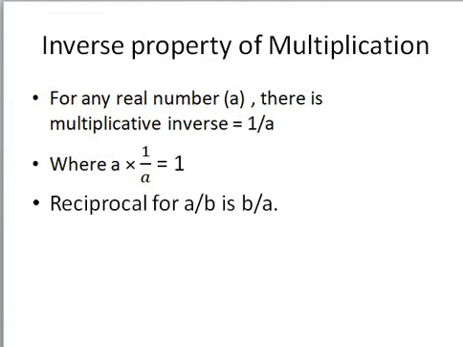So the reciprocal of 2 over 3 is 3 over 2. The reciprocal of a is 1 over a. The multiplicative inverse is for only 1 over any number.